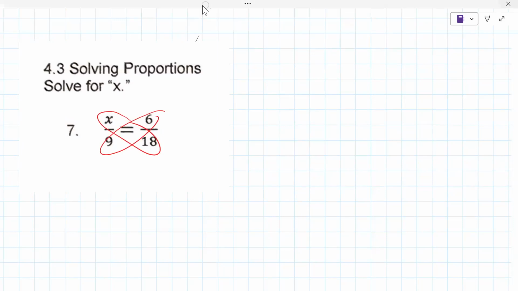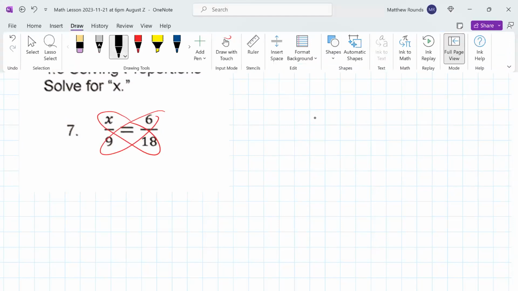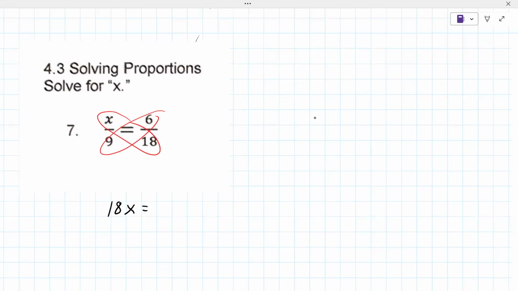But there is a better way, which is to pre-reduce. But if you're not sure, go ahead and cross multiply here, and then maybe I'll show you the better method if you want. This is 18x equals 54. You can see the numbers get kind of large. That's one of the reasons I don't like this approach.